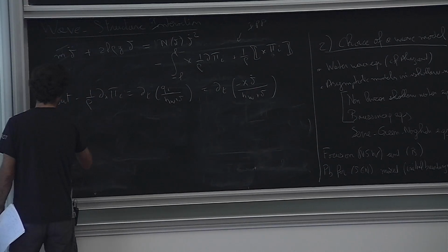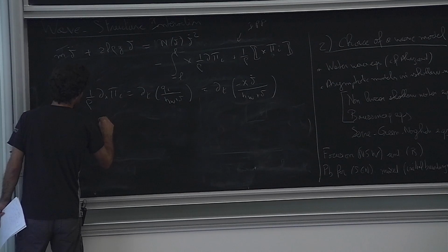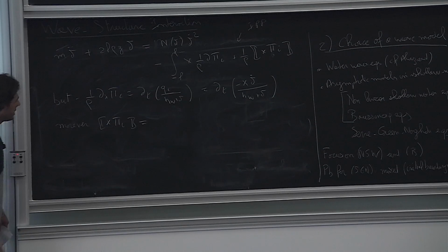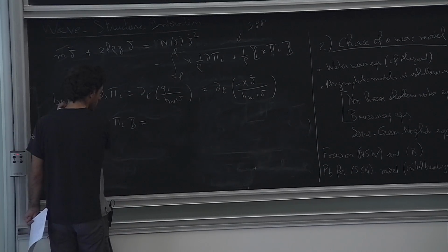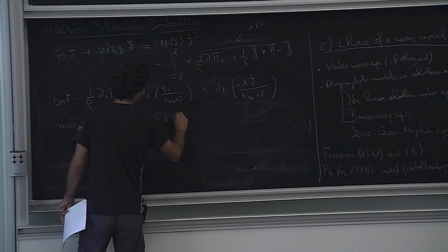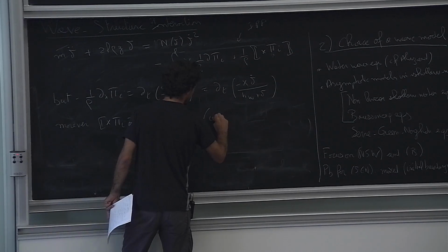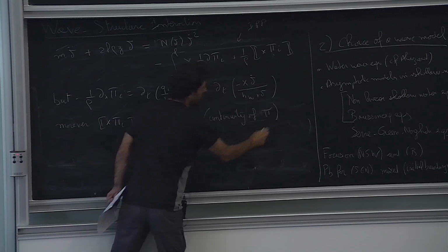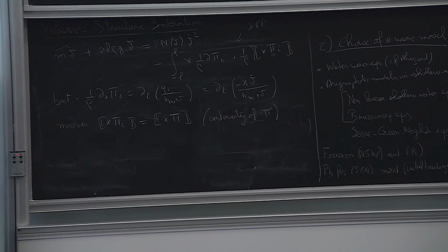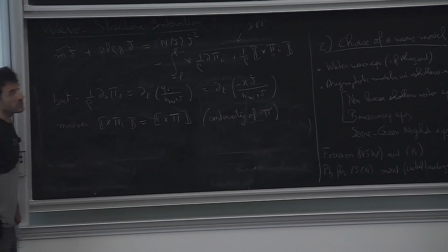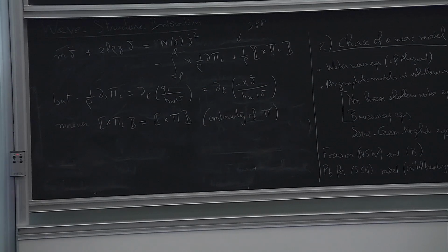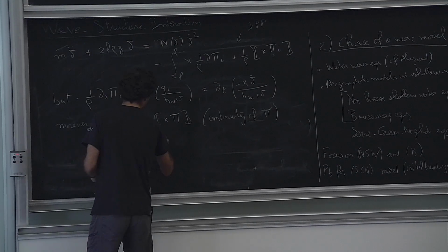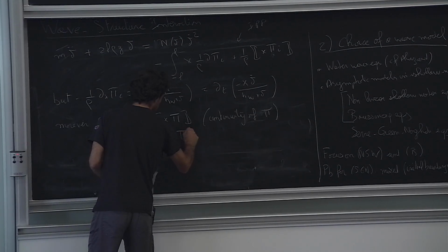Moreover, you have that x pi is the continuity of this Bernoulli pressure that we have used. And now, since at the two boundaries x is equal to L or minus L, this is equal to 2L times the average of pi.